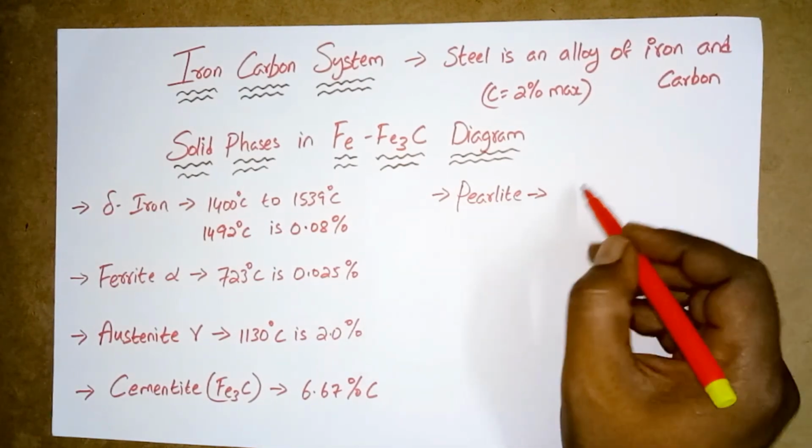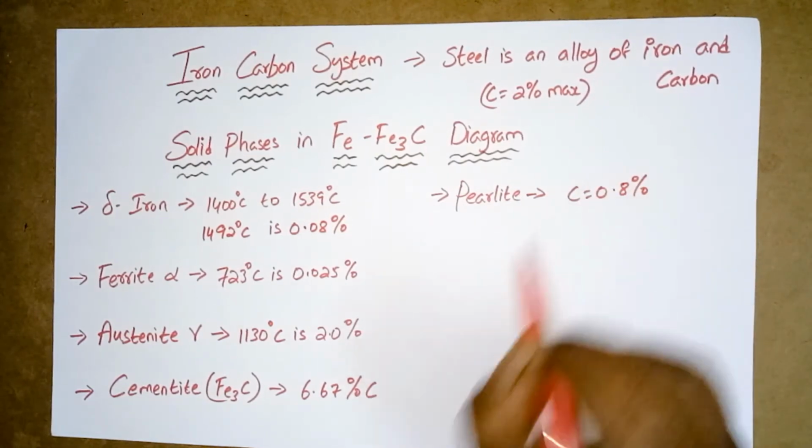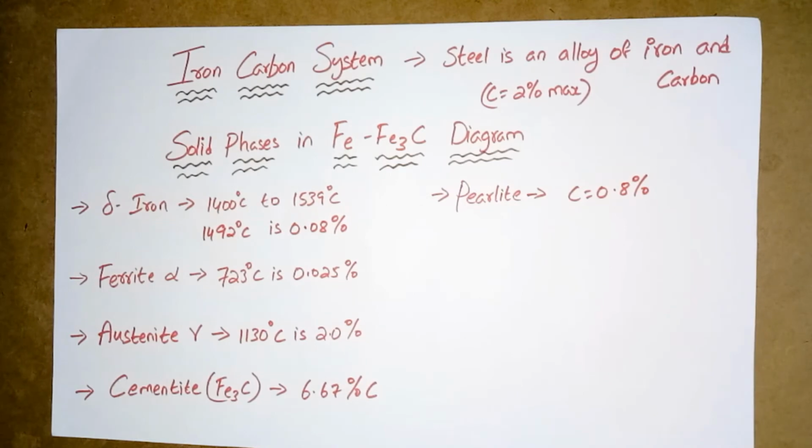The carbon is 0.8%, and it can be obtained by slow cooling of austenite at 723 degrees centigrade. The mechanical properties of pearlite are intermediate between ferrite, soft and ductile, and cementite, hard and brittle.